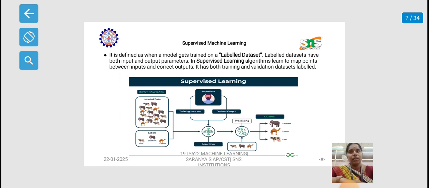For example, let us say you have a fruit basket that you want to identify. The machine would first analyze the image to extract the features, such as its shape, color, and texture.